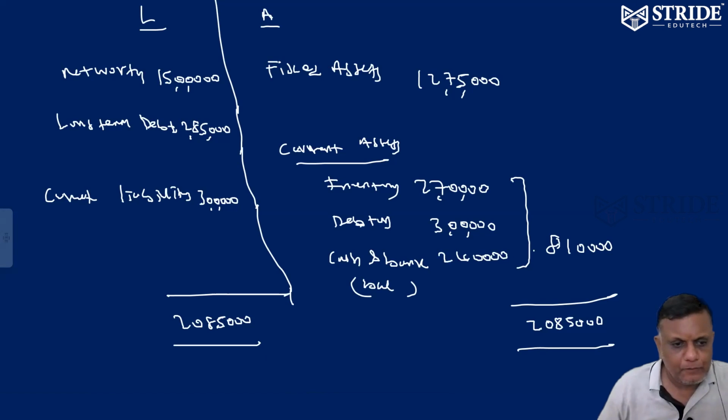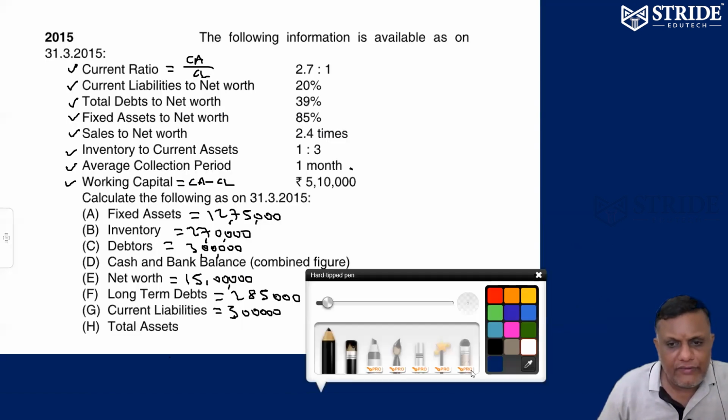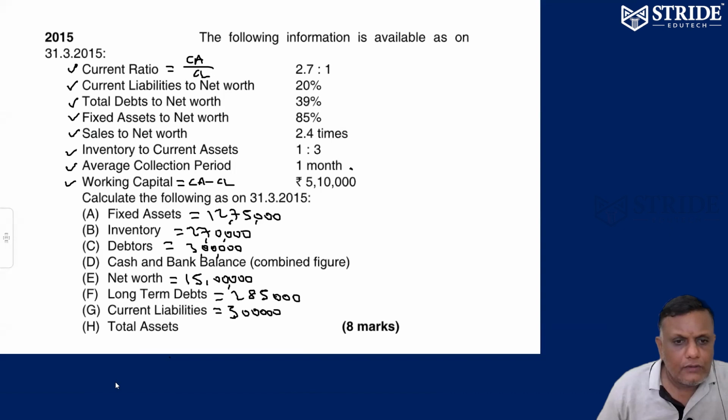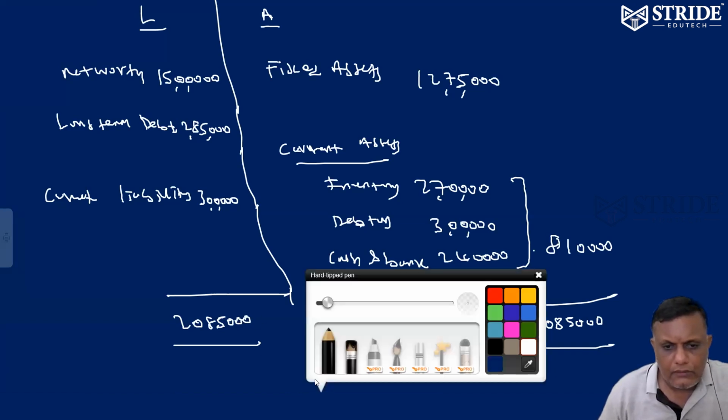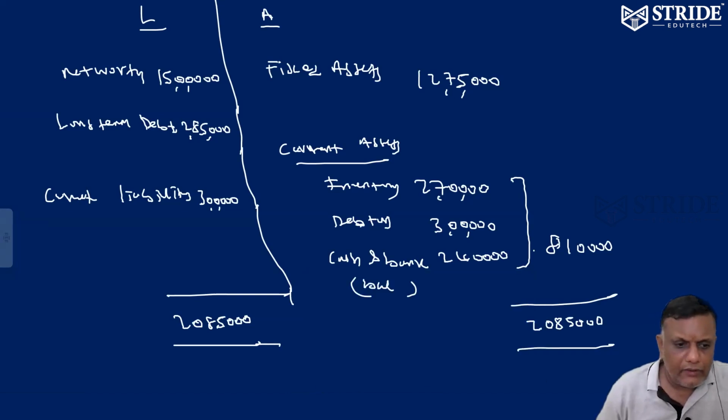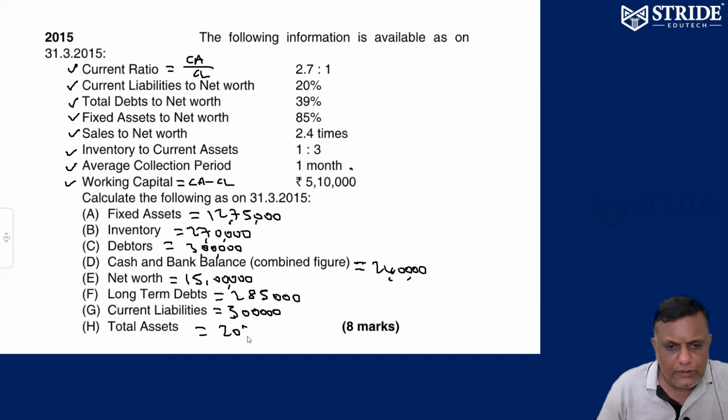So remaining value you have to fix. So total asset 20,85,000.